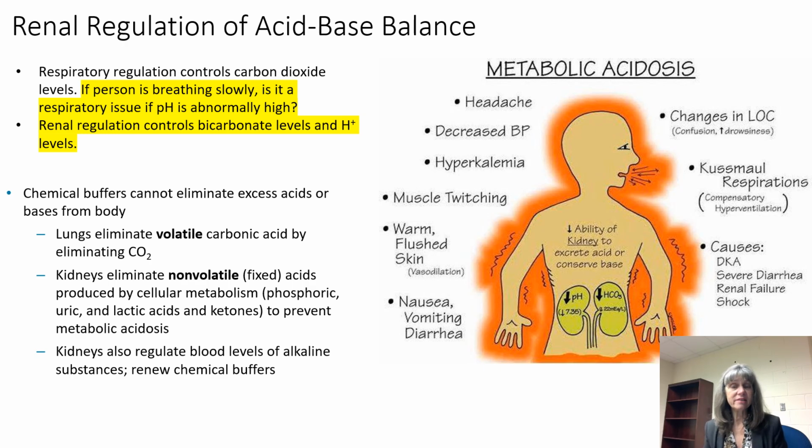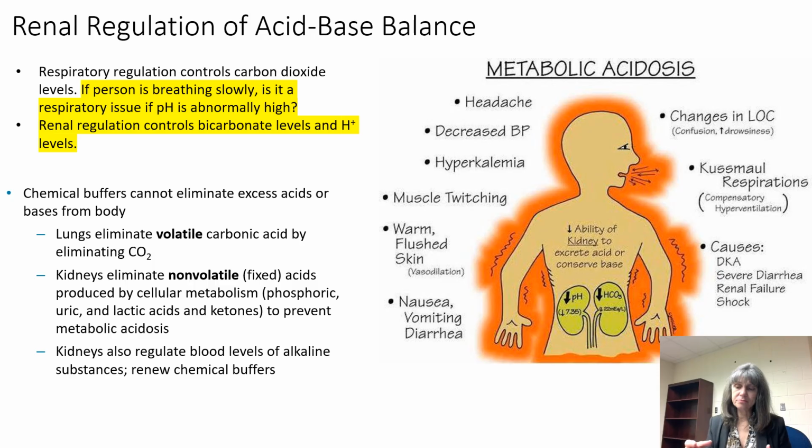Now, it could be diabetic ketoacidosis, where the body's just producing so many of those ketones. Could be renal failure, could be shock, where the kidneys aren't able to do their job because the body's in shock, or severe diarrhea.